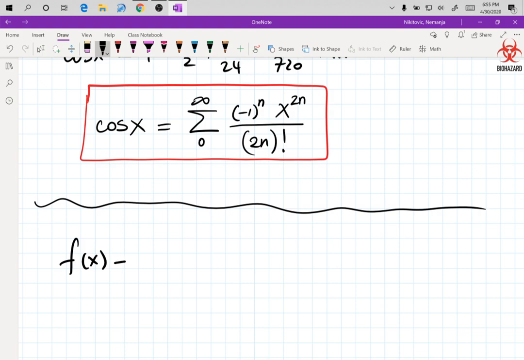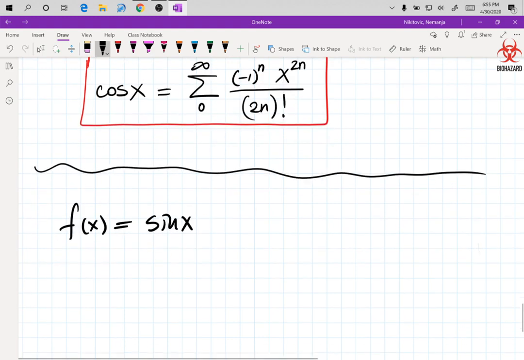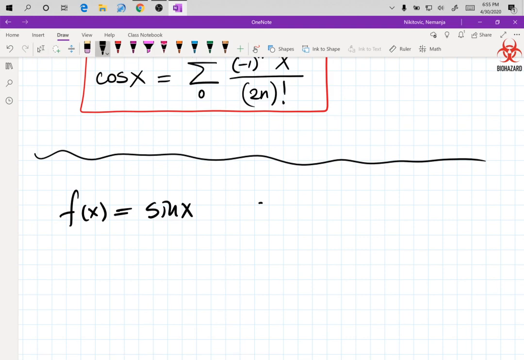So f of x is equal to sine x. And we are going to look at the 0 to 2 pi interval.